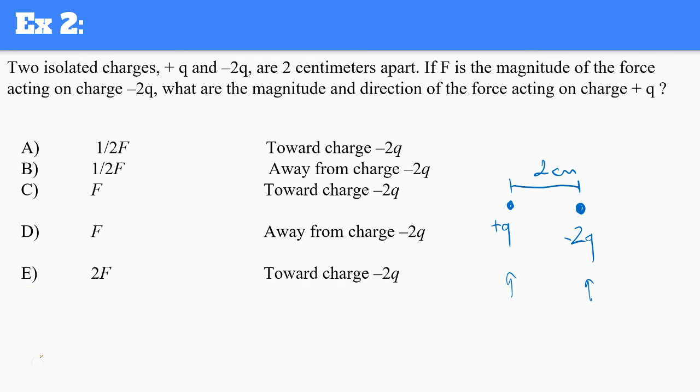So what does that mean? They're going to attract each other. So on negative 2Q, the force is towards left, and it is going to be F, that's what's given, because they say the force acting on charge negative 2Q. And they're going to attract each other, so on 2Q the force is left and the magnitude is F. And the question is, what will be the force on this positive Q?